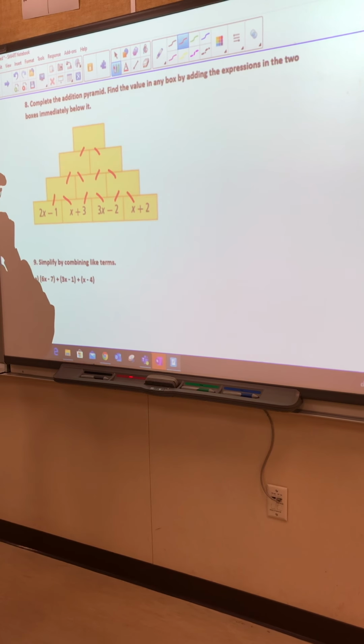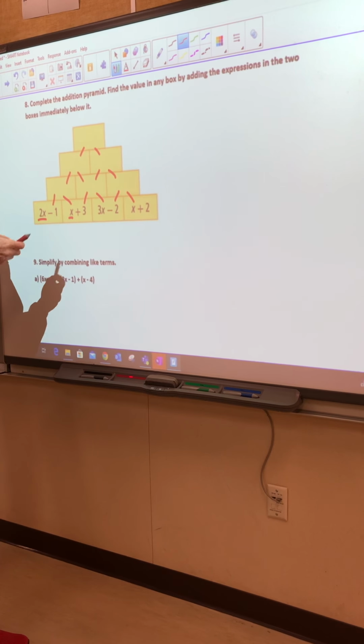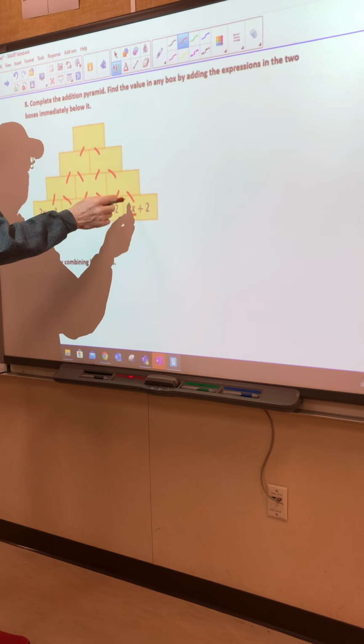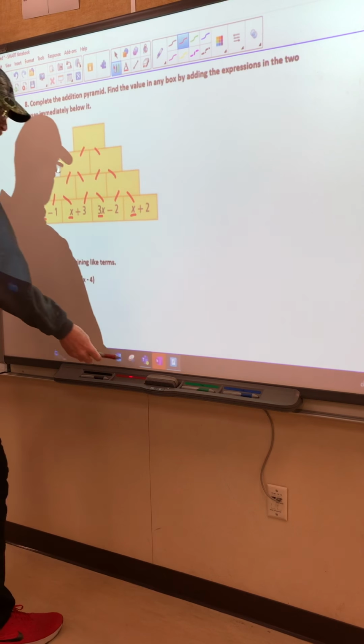Find like terms, and it's all adding, so you're never going to end up with x squared. It's just adding, these two and put them there, these two, these two, okay?